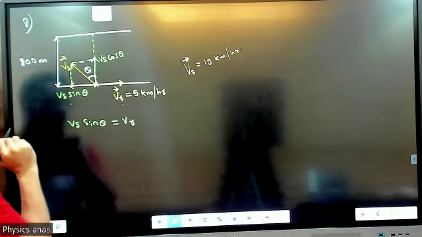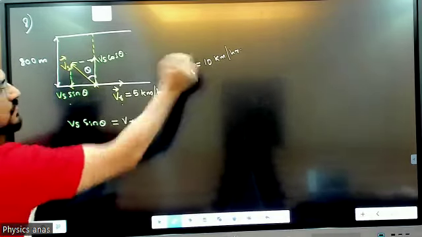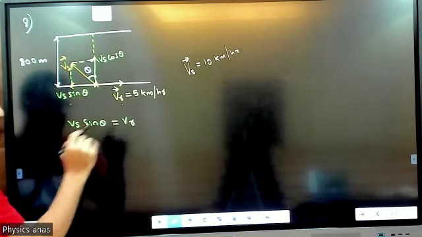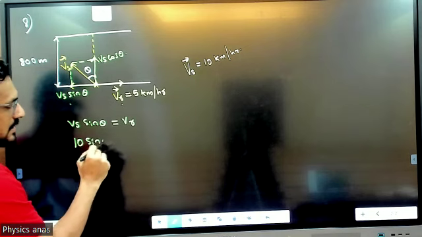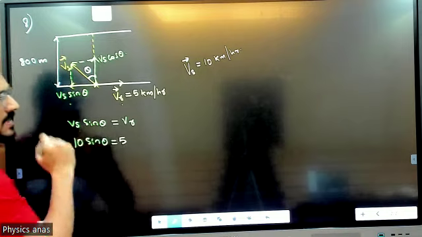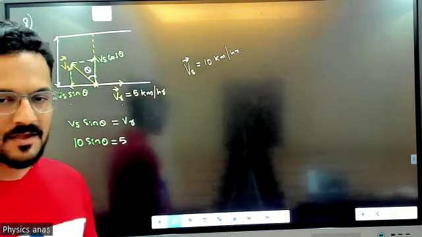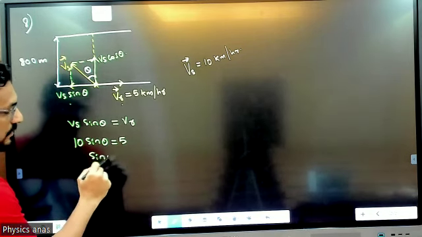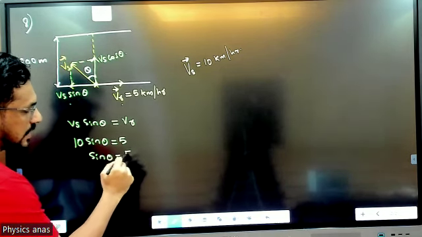And what is Vr? Vr is 5 km per hour. What is Vs? Vs is 10 km per hour. So 10 into sine theta is equal to Vr, which is 5. Now you will get sine theta from here.